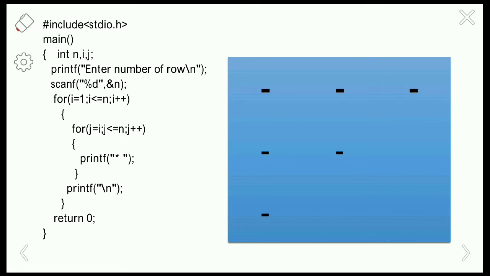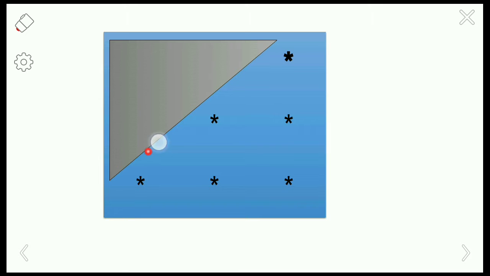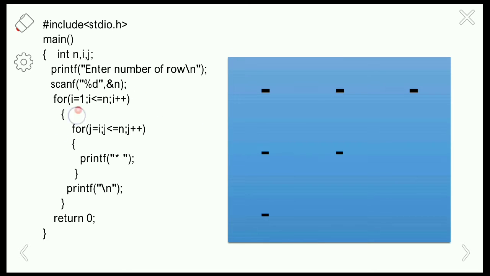If you observe, the space triangle is in this pattern, so that way we are going to give this code. Here we are having 3 rows and 3 columns. The first for loop, for i equals 1, i less than or equals to n, i plus plus, is going to print the number of rows here. If I am entering the number of rows as 3, then it is going to execute 3 times.